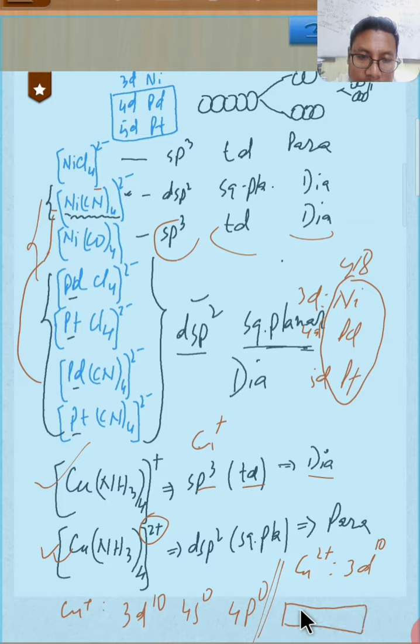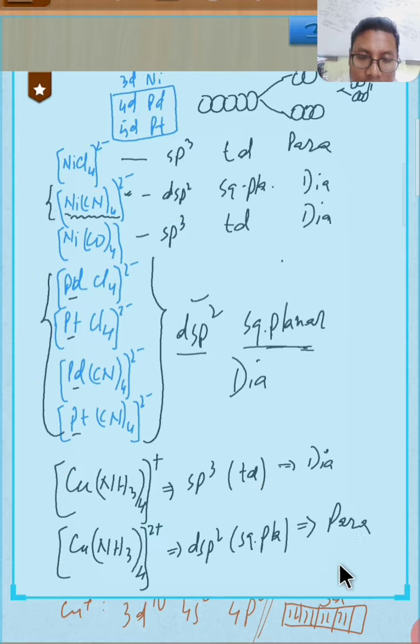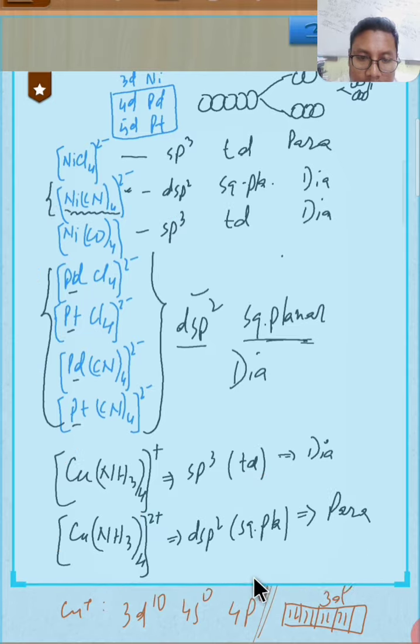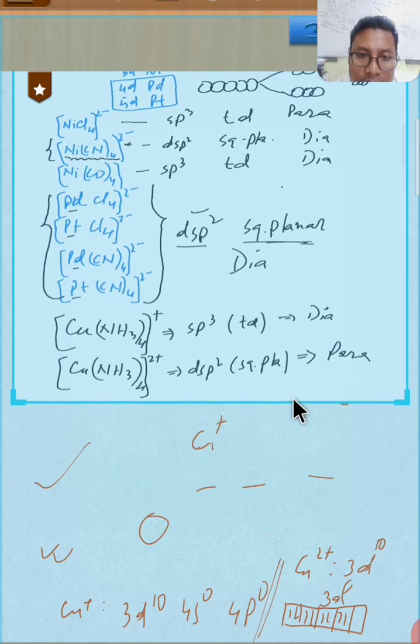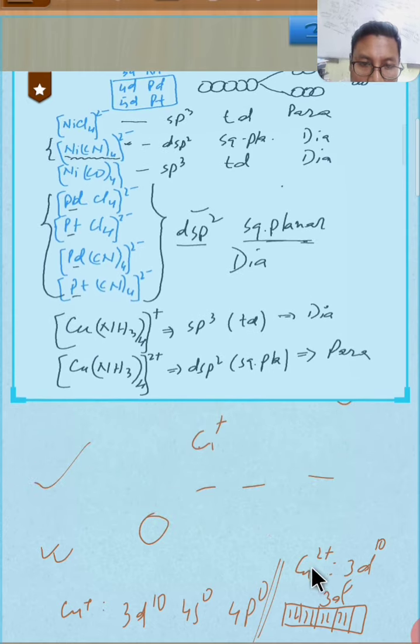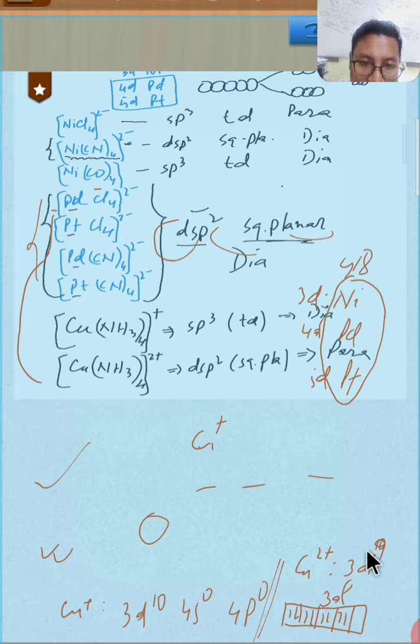This is our 3d, 1 2 3 4 5, and the electrons will be like this. Sorry, Cu2+, how many electrons are there? 9, not 10, right? Only 9 electrons will be there.